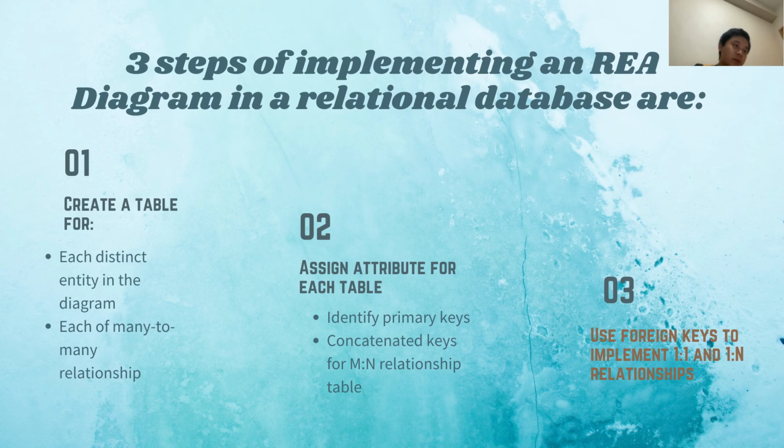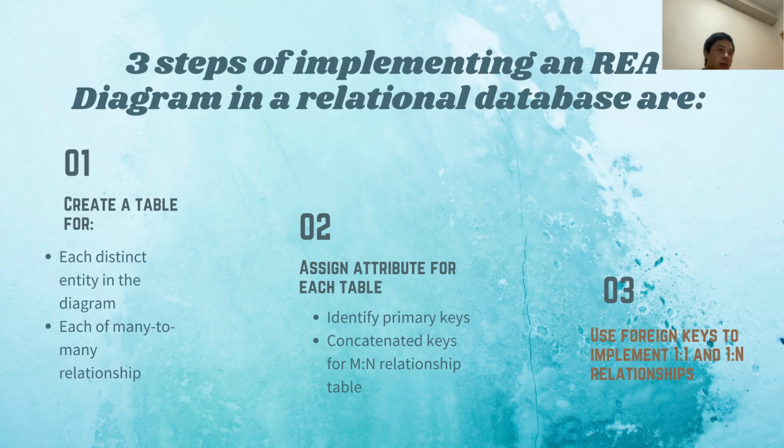First is to create a table for each distinct entity in the diagram, and each many-to-many relationship. Second step is to assign attributes to the appropriate table, like identifying primary keys and concatenated keys for one-to-many relationships. And the last step is to use foreign keys to implement one-to-one and one-to-many relationships.